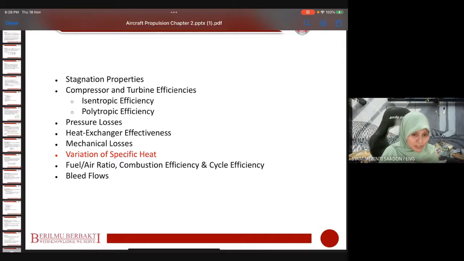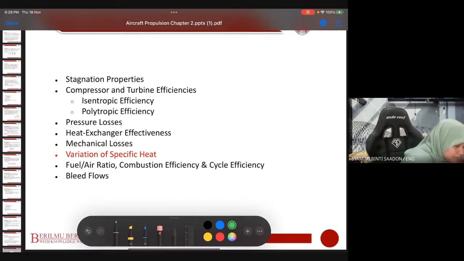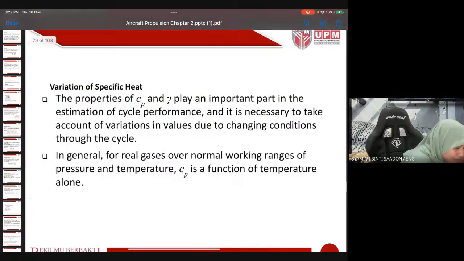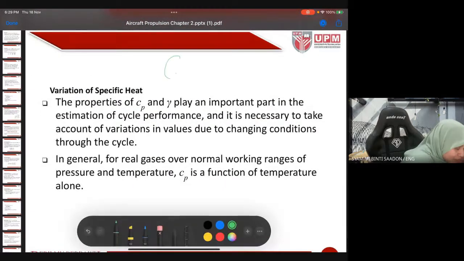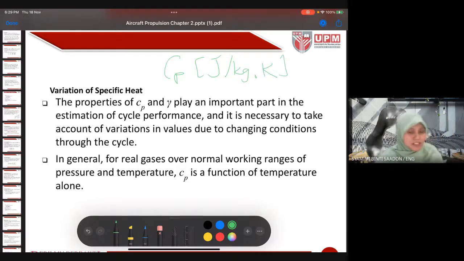So the unit of C_P is kilojoule or joule per kilogram Kelvin, the amount of energy per kilogram to raise 1 degree of temperature, Kelvin or Celsius.